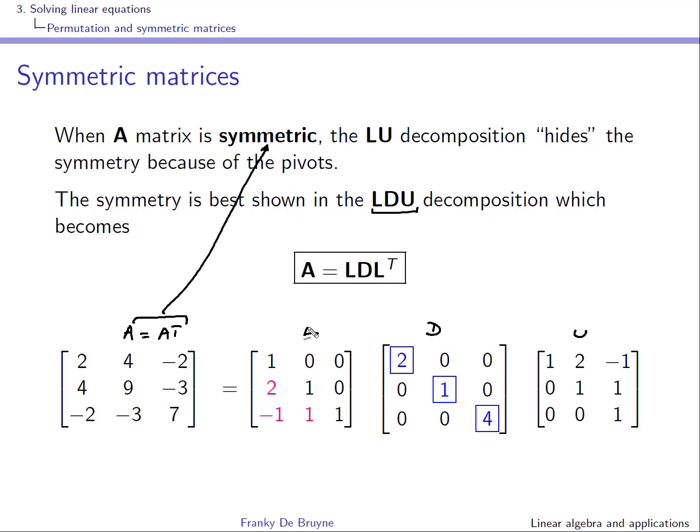And indeed what we see is that with this LDU decomposition, the U that we have over here is actually equal to L transpose. So if the matrix is symmetric, you can go a bit further and obtain an LDL transpose decomposition.